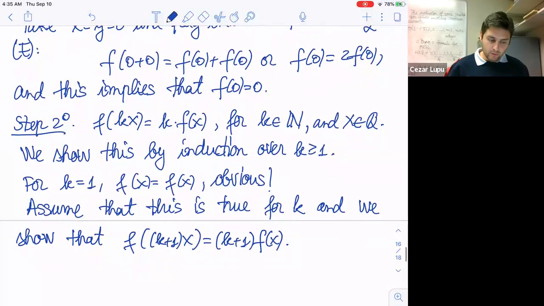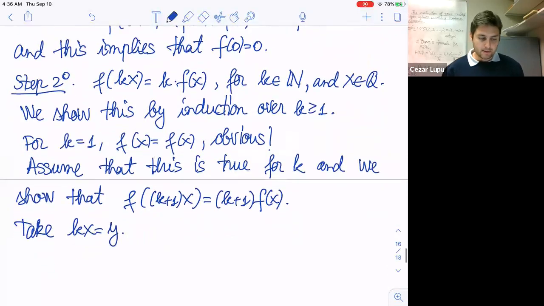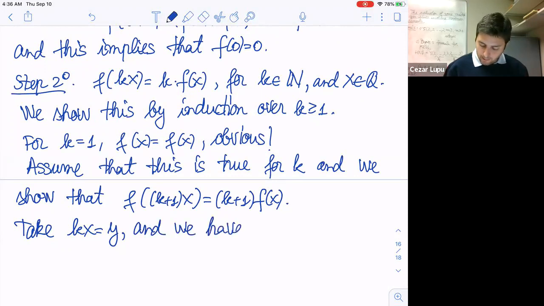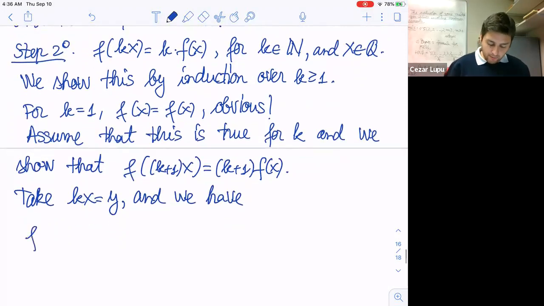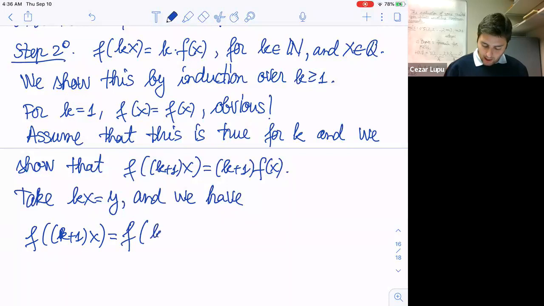And now what I'm going to do is the following. Take kx to be y. And now let's see. We have f of k plus 1 times x, and now I'm going to write it in this way. So this would be f of kx plus x, right?